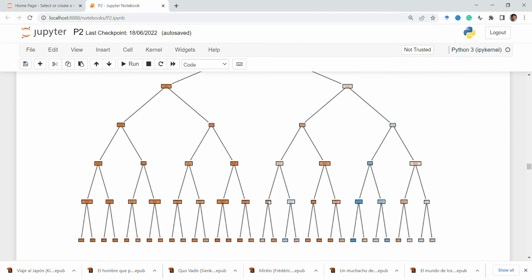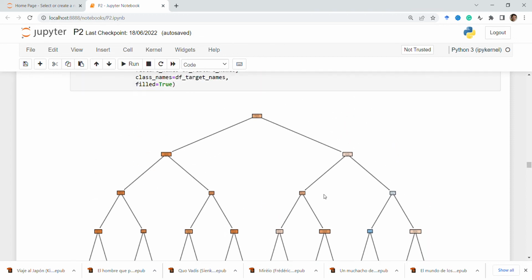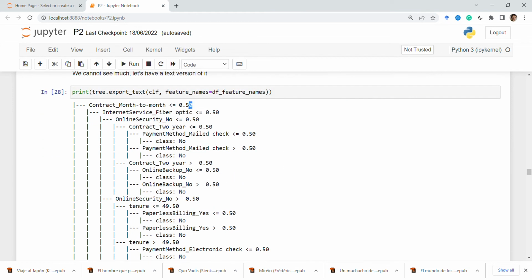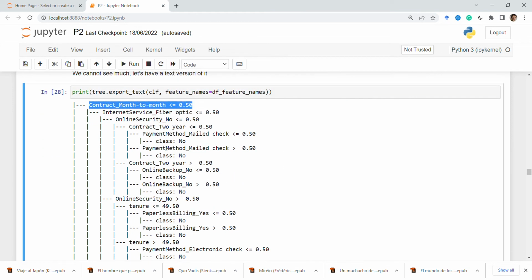But either we plot the tree like this, or we can print it. So if we print it, then we see the kind of logic that we have. So for instance, if the contract month to month, remember this one-hot encoding, so if the contract month to month is smaller than 0.5, that means 0, that means no contract month to month, then you go this way.